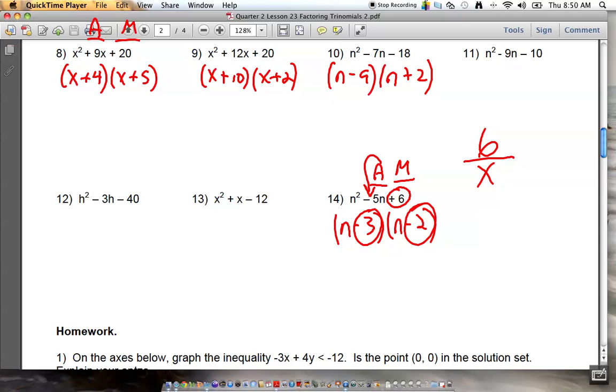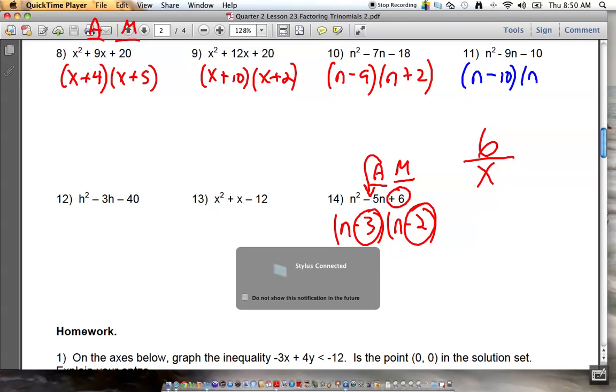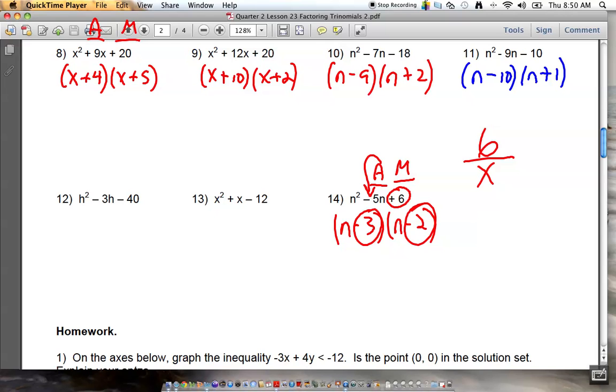Yes, 11, 12, and 13. When you're done with yours, compare your answers to mine.